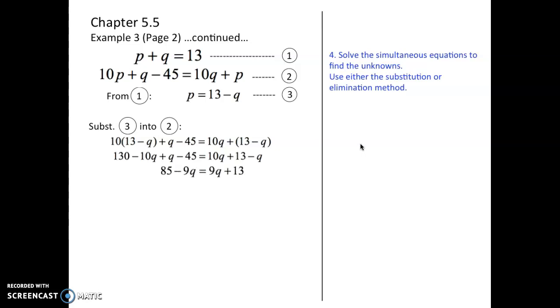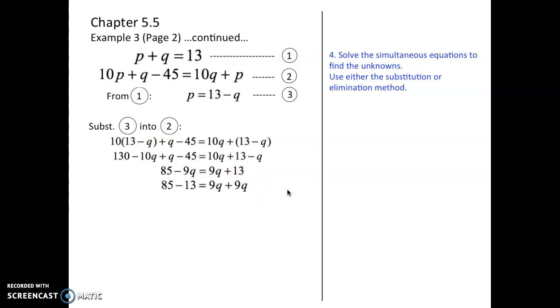Next, after expanding, we want to simplify by collecting like terms. So 130 minus 45 gives us 85. Negative 10q plus q on the left-hand side gives us negative 9q. Now let's look at the right-hand side. 10q minus q will leave us with 9q, and 13 we'll just copy it down.